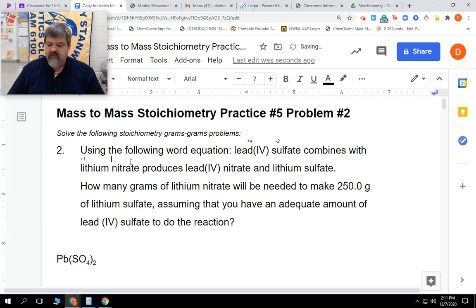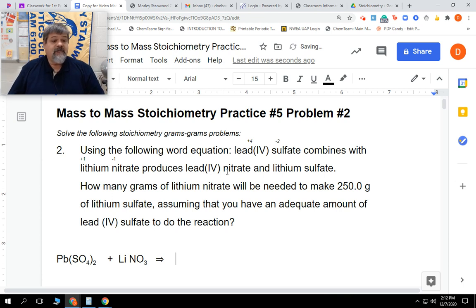So that's a -1, which means I only need 1 of each one. So our lithium is Li, and our nitrate is NO3.